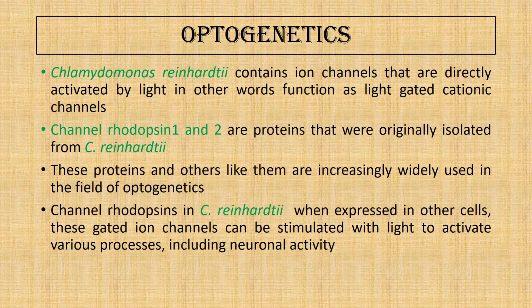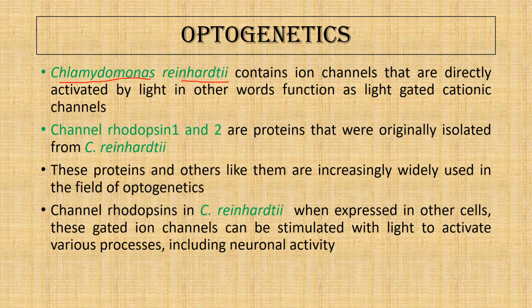Optogenetics is basically the field of genetics that deals with light activated proteins. For example, Chlamydomonas reinhardtii is the model organism for optogenetics.